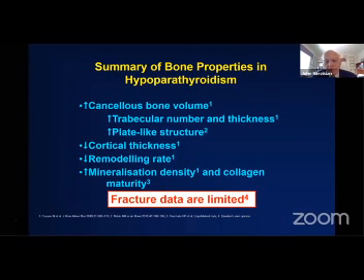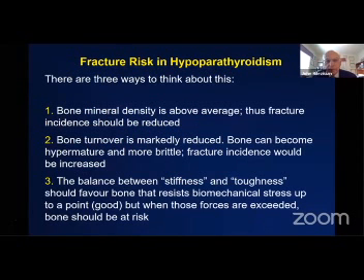As a result, one might have certain expectations of fracture risk in hypoparathyroidism. If one looks at bone density, that is above average, you would say that fracture incidence should be reduced. On the other hand, since this is a markedly low bone turnover state and bone becomes hypermature and therefore more brittle, that fracture incidence would be increased.